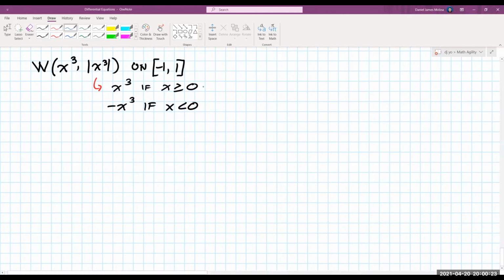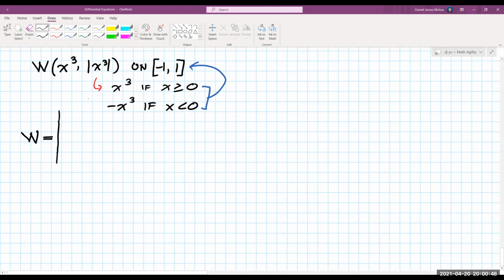Since the two intervals are present in our given restricted domain, then we will evaluate the Wronskian involving our absolute value. So to determine our Wronskian, we must determine the determinant.